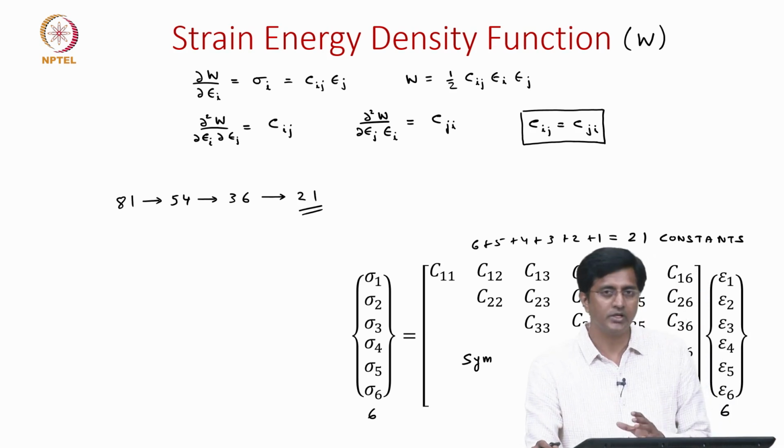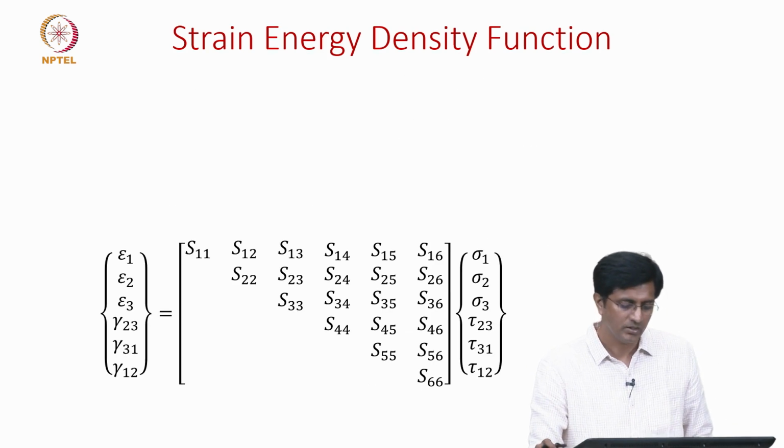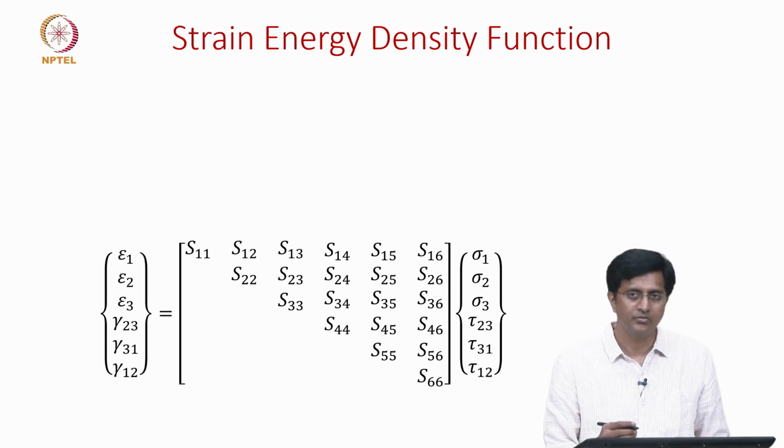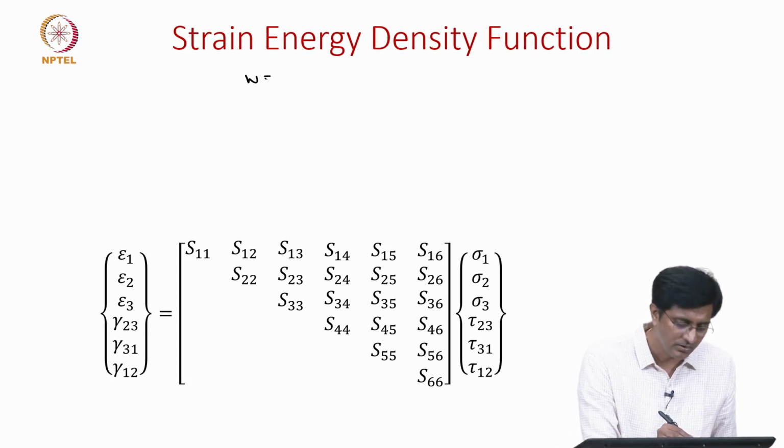Here we have shown it for the stiffness matrix, but the same arguments are also true for the compliance matrix, where too you can write the strain energy density function in terms of the stresses.